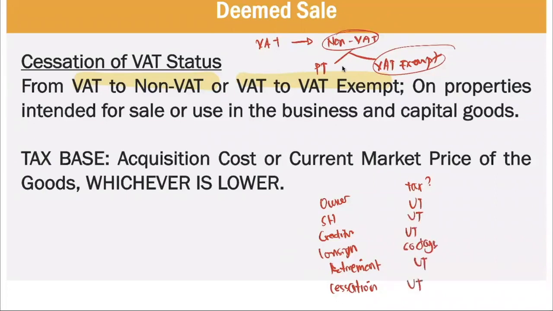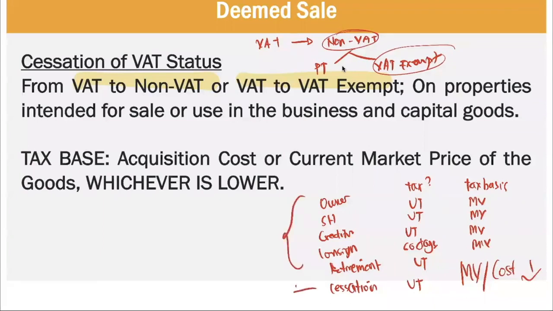The tax basis is market value, or the cost, whichever is lower. But here, in your owner, stockholder, creditor, consignment, and retirement, what is included as part of your tax is the transfer of the inventory.